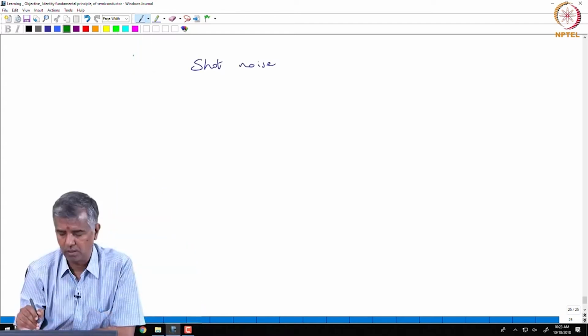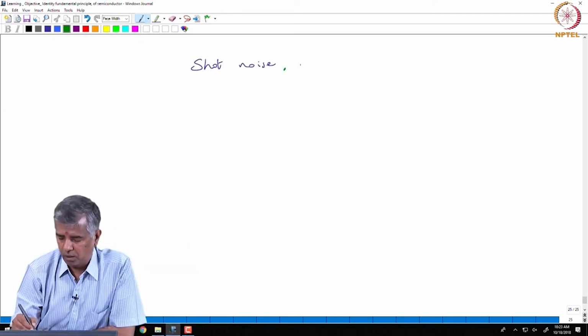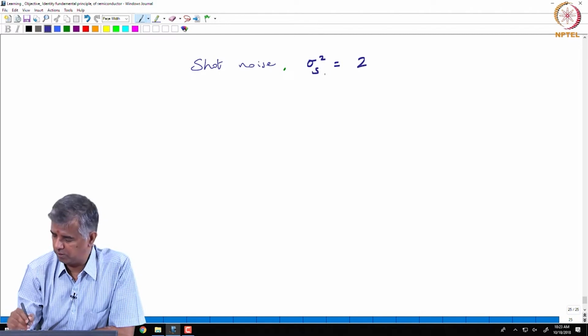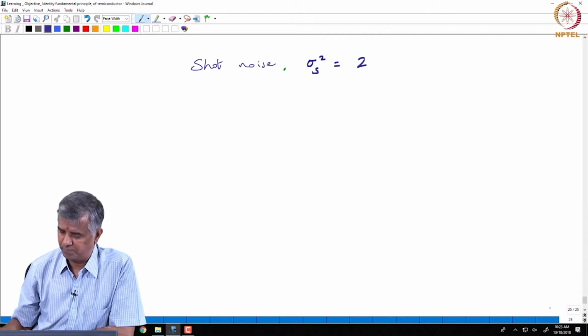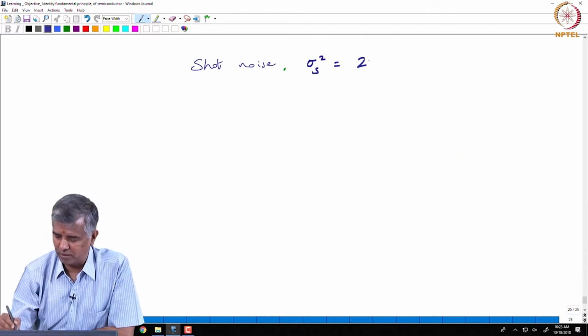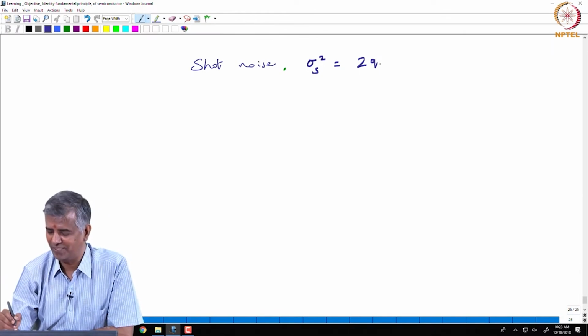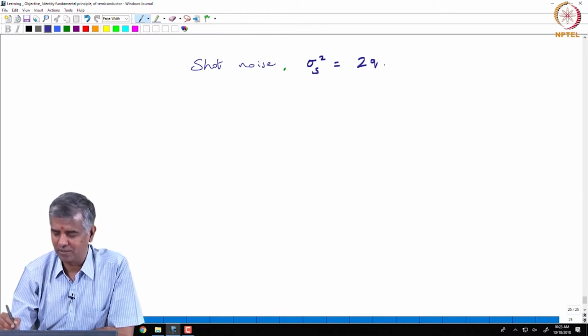When we talk about shot noise, we defined it as sigma I squared equals 2 times E. I said E, but your book is actually insisting on Q, so let me switch over to Q, but you understand Q is just representing the charge of an electron.